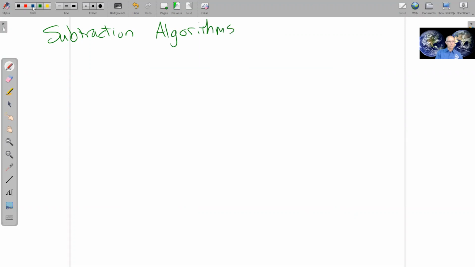And let's take the problem, how about 5,243 minus 1,628. So first thing I'd like you to do is just apply the standard borrowing algorithm, which is also called the renaming algorithm, to this and come up with an answer, and then we'll try it with some other methods.